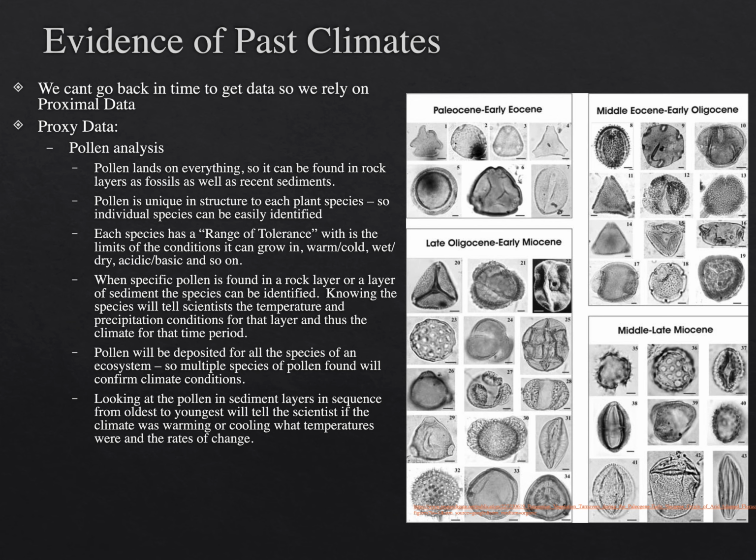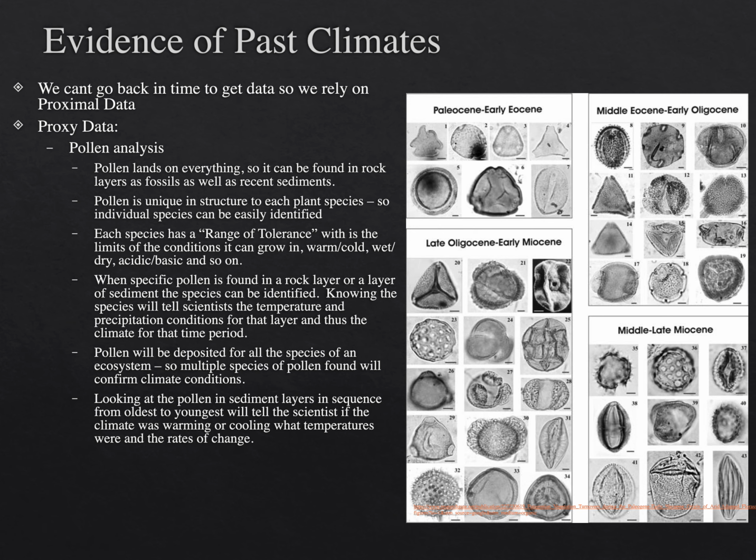Sets of proxy data that I want to show you, and the first is pollen analysis. So pollen is really, really cool because it's the reproductive mechanism of plant matter. And as the reproductive mechanism of plants, it has a resiliency in it that allows that mechanism to really stay intact and viable for long periods of time until the climate conditions are right for it to germinate.